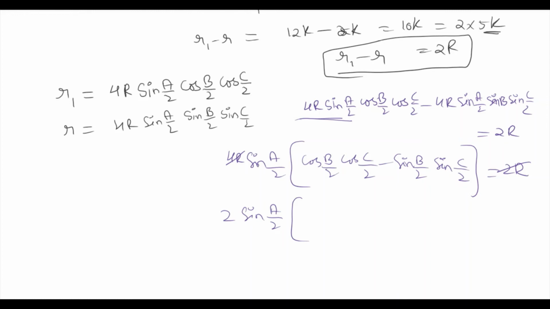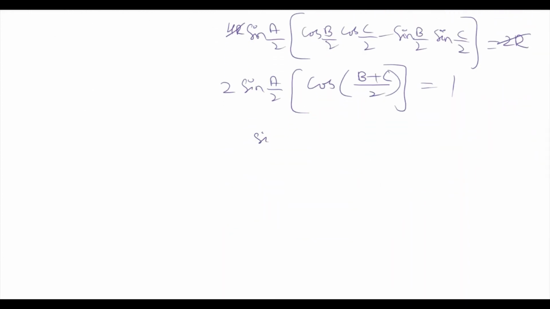This is cos A cos B minus sin A sin B, which is cos of (A plus B), cos of (B plus C)/2, that equals 1. So sin of A/2 into, I can write this as cos of 90 minus A/2, equals 1 by 2.